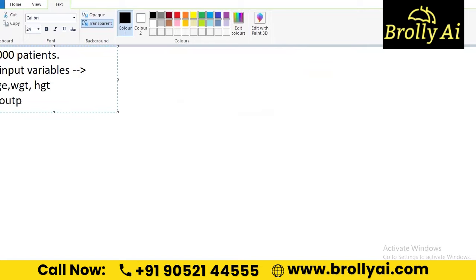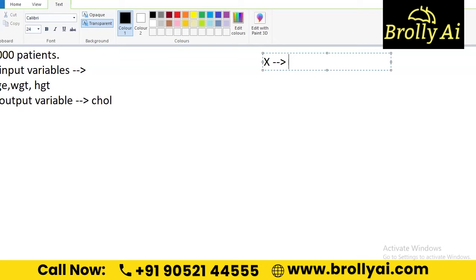And 1 output variable, which is the label, that is cholesterol. At the time of preparing the matrix, the size of X is 1,000 patients by n plus 1. N is the number of input variables. N value 3, 3 plus 1, 4.